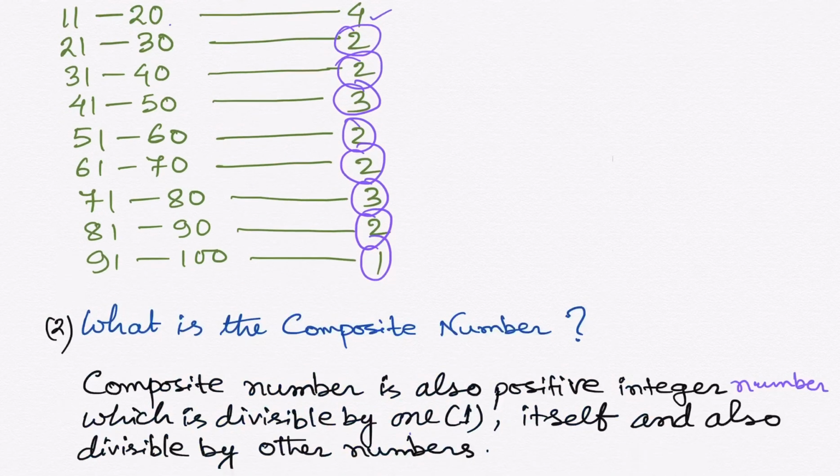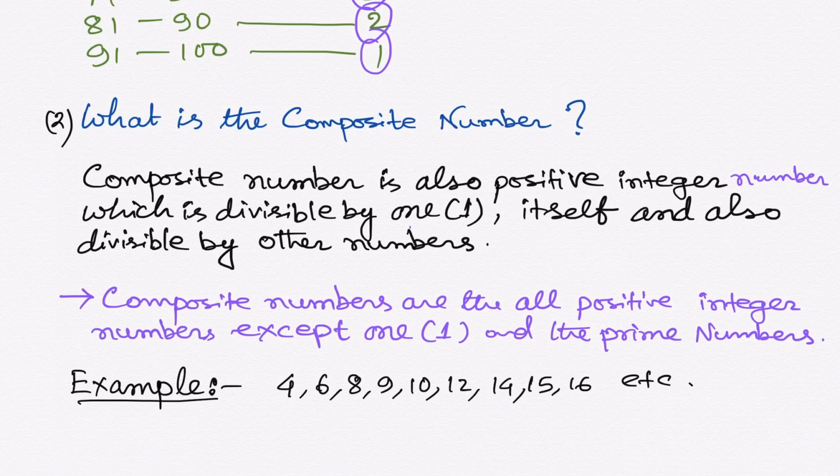Now let's discuss what a composite number is. What is the definition of a composite number? A composite number is also a positive integer which is divisible by 1, itself, and also by other numbers.